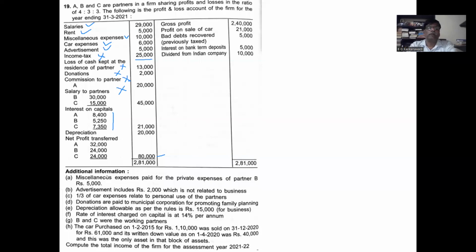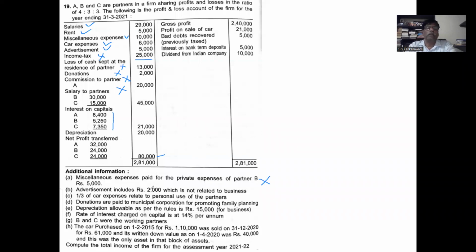Come to the adjustment. Miscellaneous expense paid for private expense of partner, 5,000. So for miscellaneous expense, 5,000 rupees disallowed.